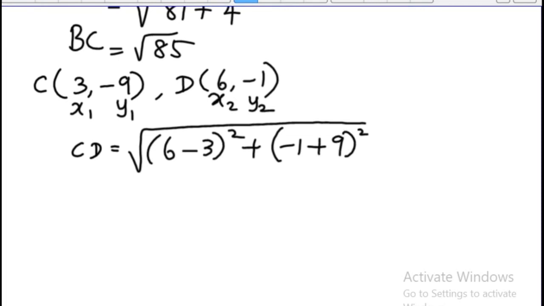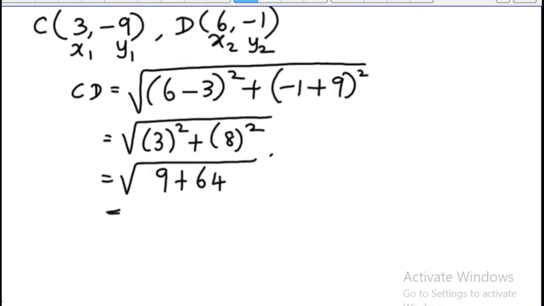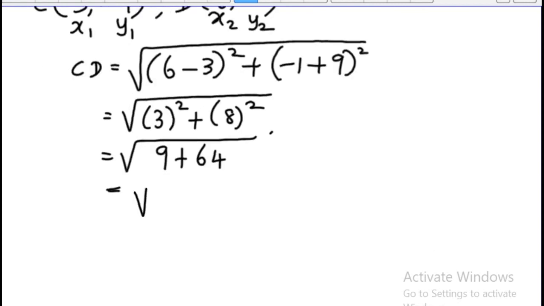Therefore 6 minus 3 you will get 3 square, then plus 9 minus 1 you will get 8 square. Root of 9 plus 64, you will get root of 73. This is CD.